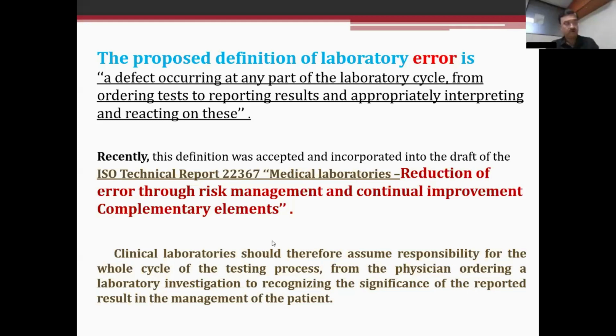So from the first step to the end, some responsibility goes to the clinician as well, who is ordering the test and who is reacting on the test. It includes everybody, not only laboratory personnel. That is why I say an error-free result is one which is actionable, on which you can react and treat your patient.